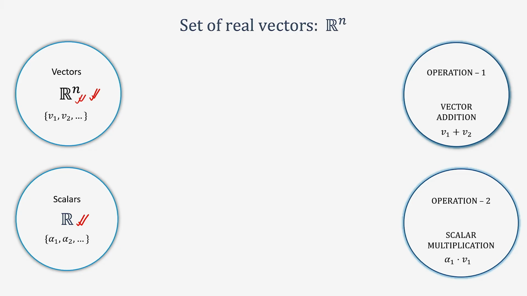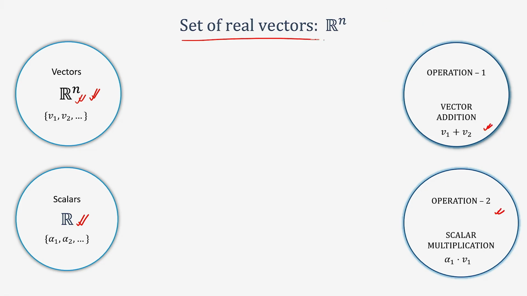This is something you are quite used to. If I take 1, 2, 3, which is a vector in R3, I can always multiply it with 2, which will give a new vector in R3. Similarly, you can always add 1, 2, 3 with, say, 3, 0, 1, which is another vector in R3. So, these are operations you understand well.